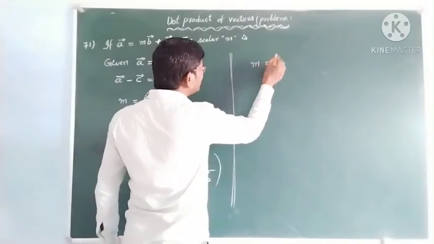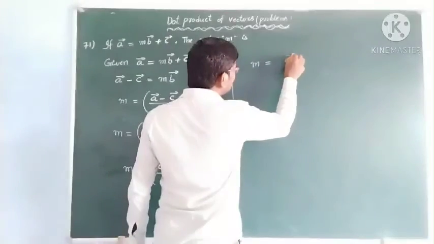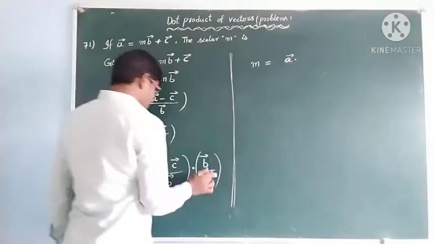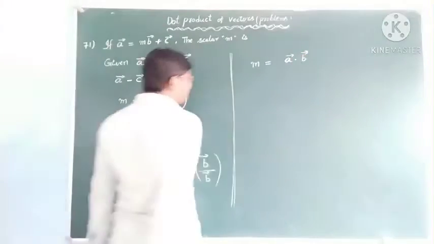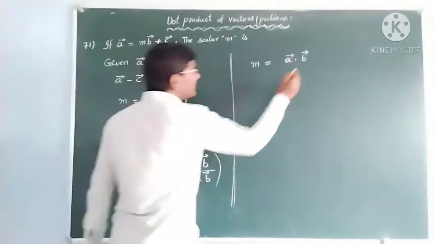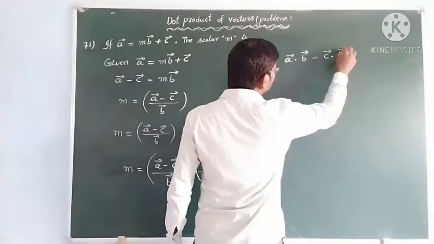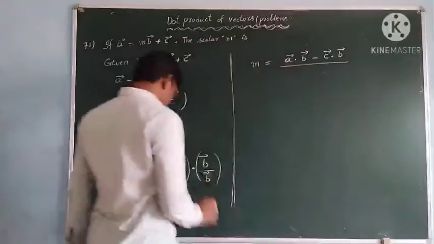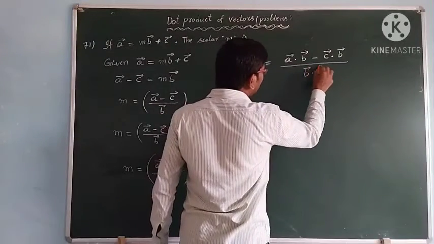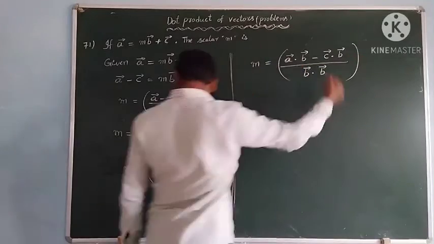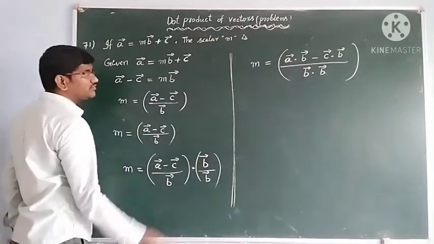Then you will get M is equal to A bar into B bar, that is called dot product, we have to write it, A bar dot B bar minus C bar dot B bar, by B bar dot B bar you have to write in the denominator, since I am multiplying with B bar and dividing with B bar.